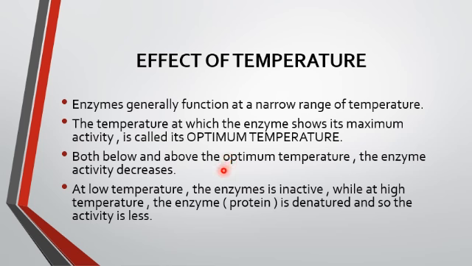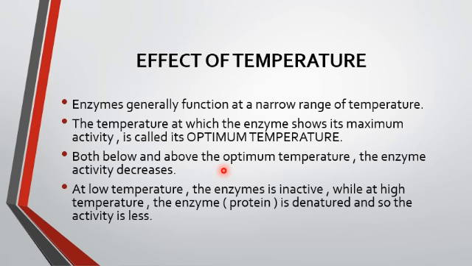But if the temperature is lower than the optimum temperature, the activity will decrease or the enzyme becomes inactive. Similarly, when the temperature is higher than the optimum temperature, the enzyme is denatured, means again it becomes less active. For example, the optimum temperature is 35 to 40 degrees.